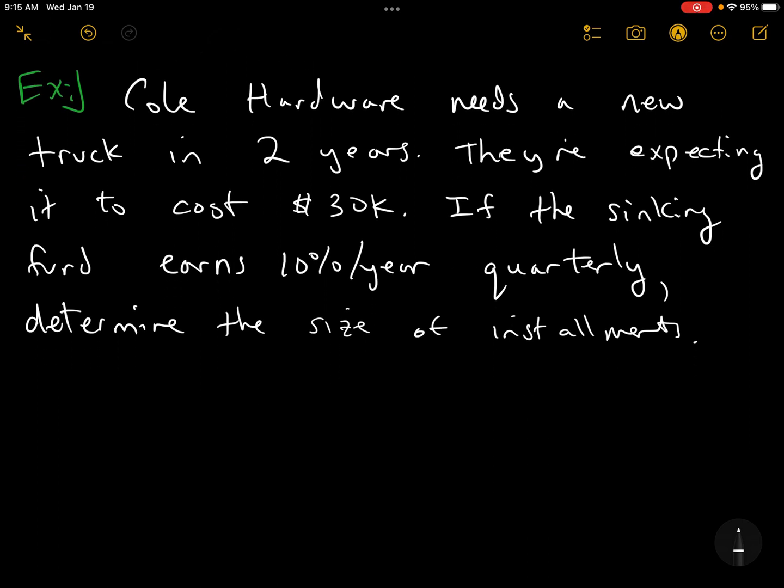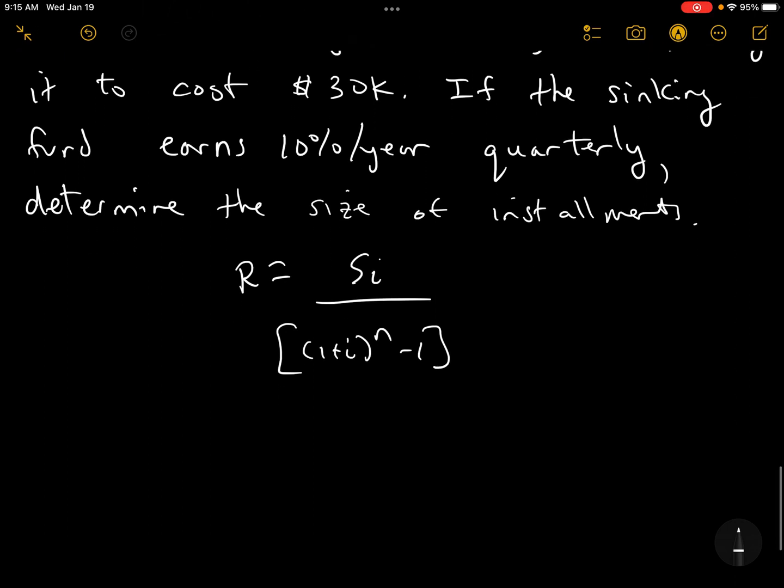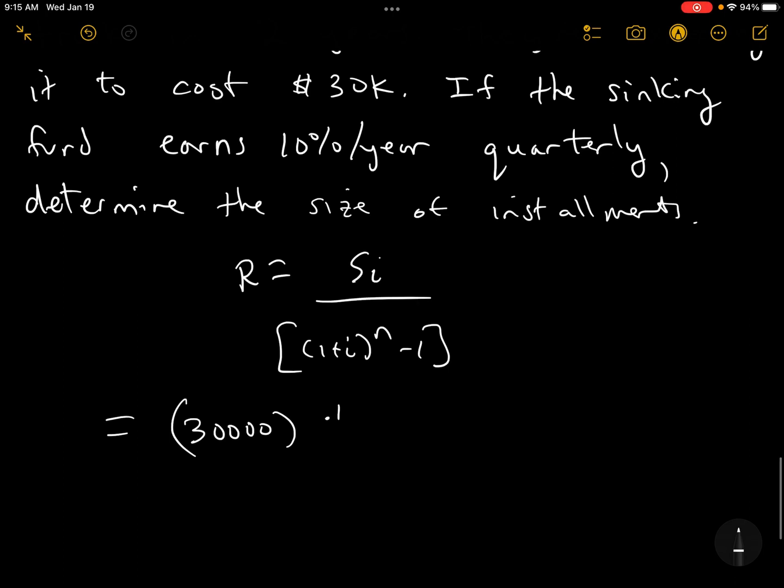Okay, so now we have R equals S times i over (1 plus i to the n minus 1), and this equals S, which is 30,000, times i, which is 0.10 over 4.